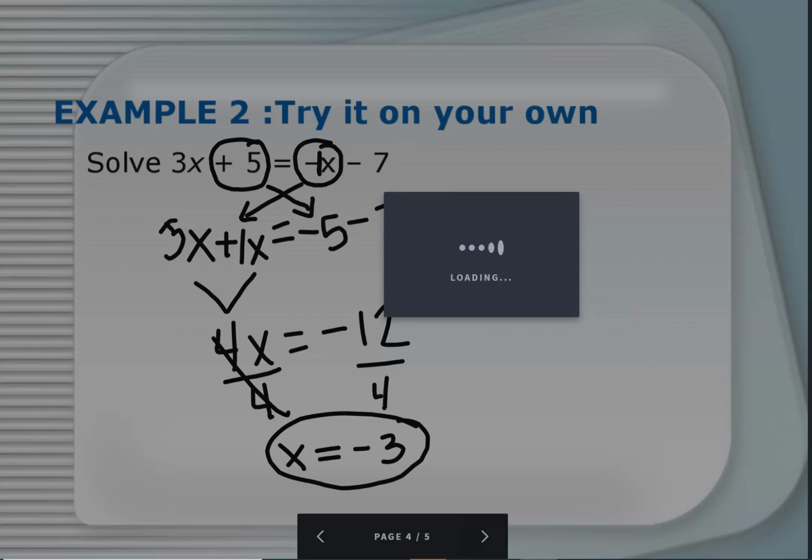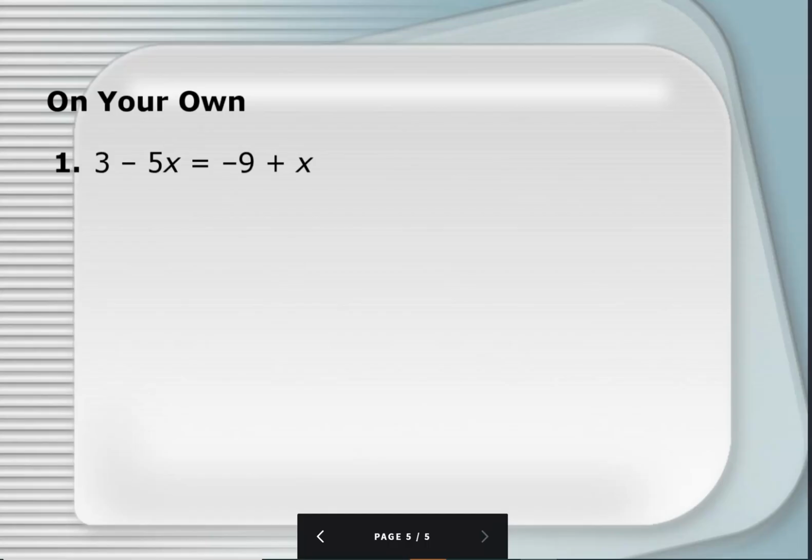So we did that one. And now I'm going to do the last one. Again, you can pause the video, practice by yourself first to see if you understand how to do the steps. So again, what you want to do is on one side of the equation, you want to circle the number by itself with the sign in the front.